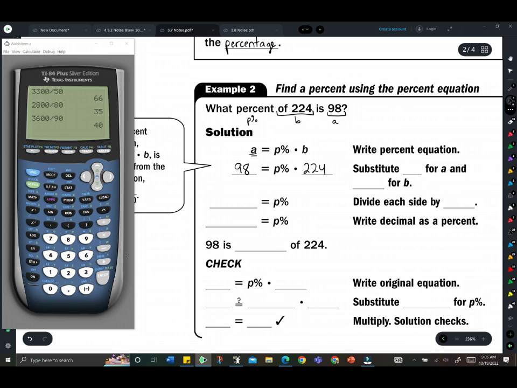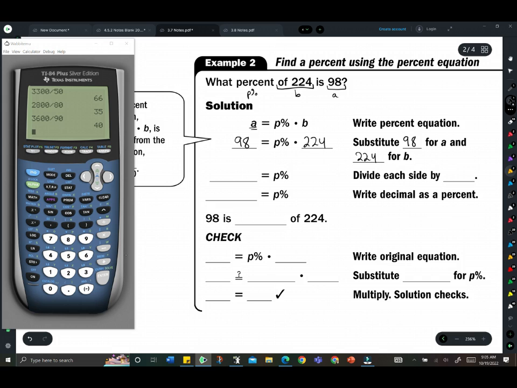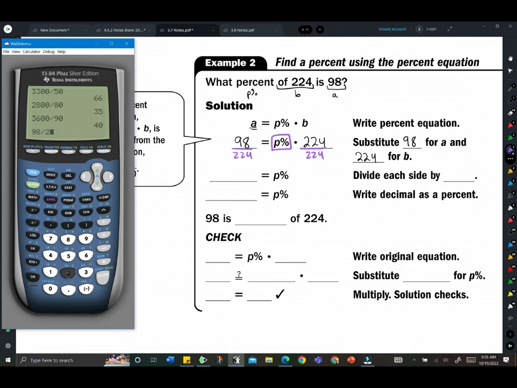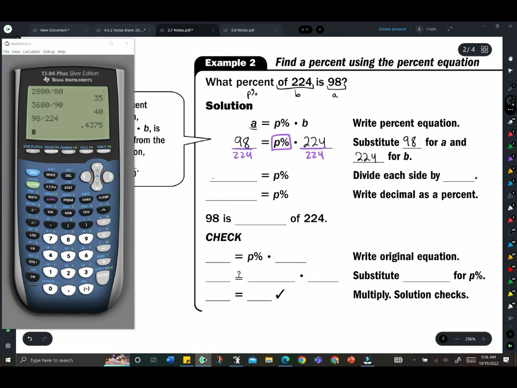Substitute in 98 for A and 224 for B. This is just a little mini equation. We're solving for that whole thing, so we divide everything by 224. You're going to get a decimal, and that's okay. 98 divided by 224 is 0.4375.